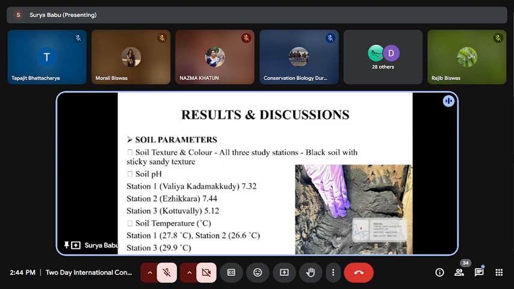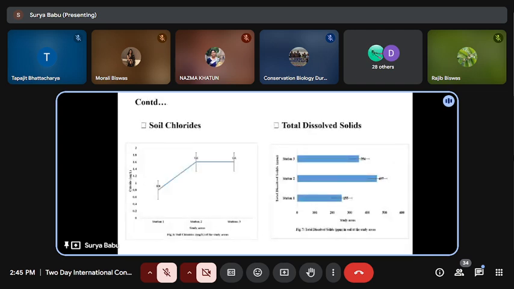Then the soil temperature of stations 1 and 2 shows a medium value, with a high value at station 3. Then for soil chlorides, 1.6 mg per liter was recorded from stations 2 and 3, and station 1 has a low soil chloride value.